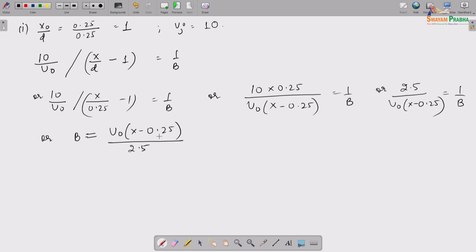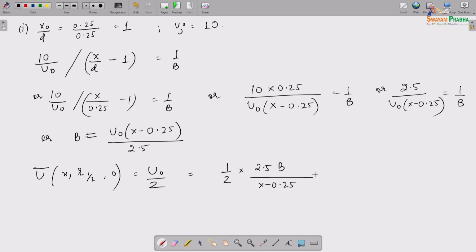Now, again, by definition, u mean x r half 0 is equal to u naught by 2. But we can get u naught from the b here. So, in this case, u naught by 2 is 1 by 2 into 2.5 b by x minus 0.25, and b, like I said earlier, is 6.